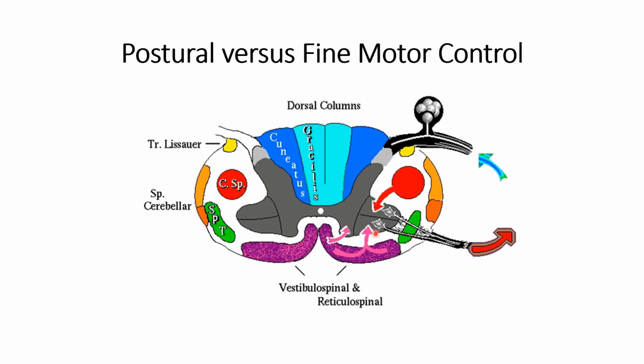And that is complemented by the lower motor neurons for extensors that tend to be concentrated in this more anterior portion of the gray matter.